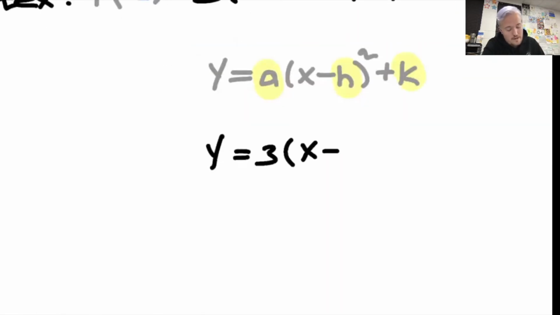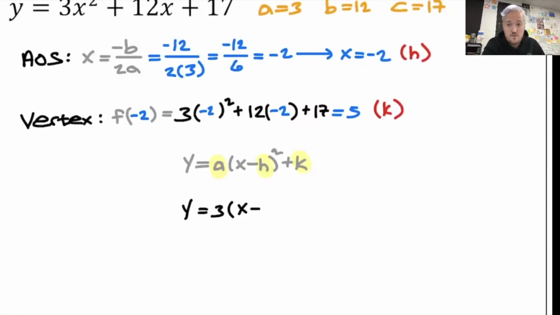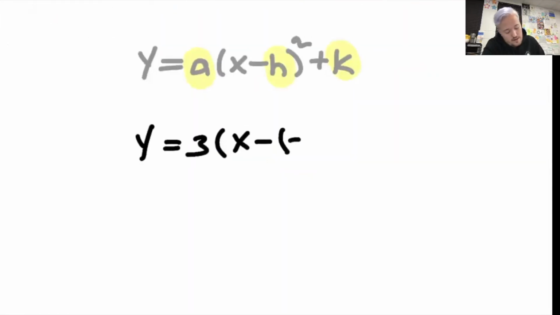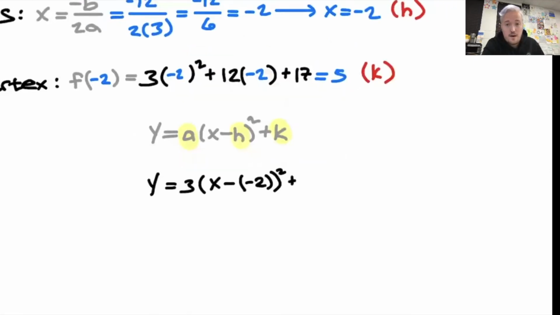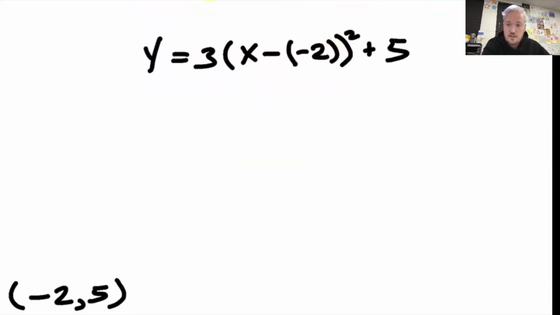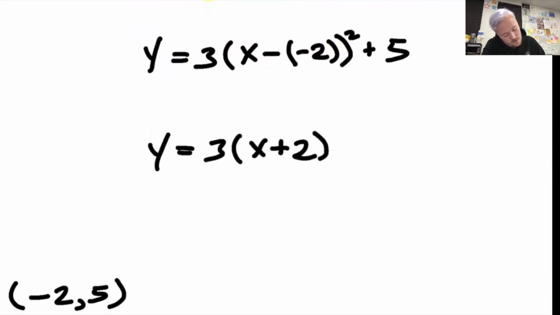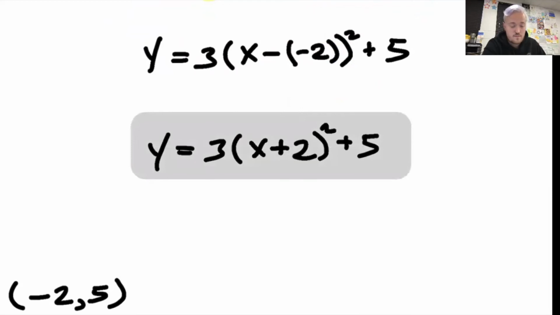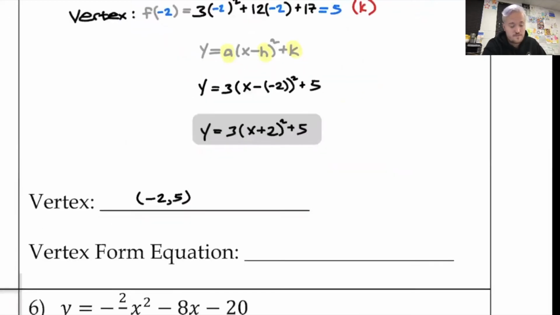Then x minus your h value, which is negative 2, so we're subtracting negative 2. And then we have a k value of positive 5. The only thing we got to fix here is subtracting that negative, which is going to turn into a positive. So we're going to have y equals 3 parentheses x plus 2, all squared, plus 5. So that is your vertex form equation.